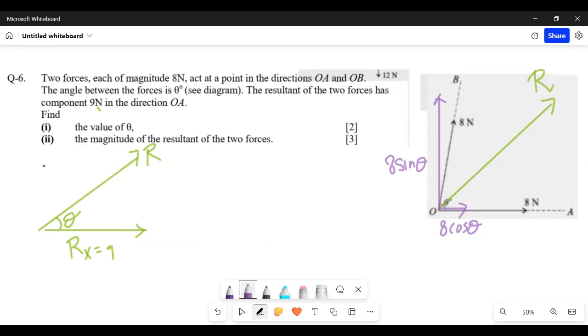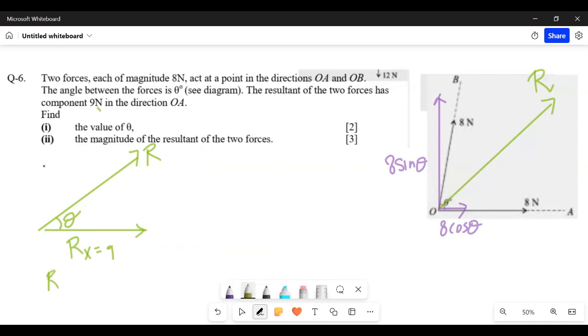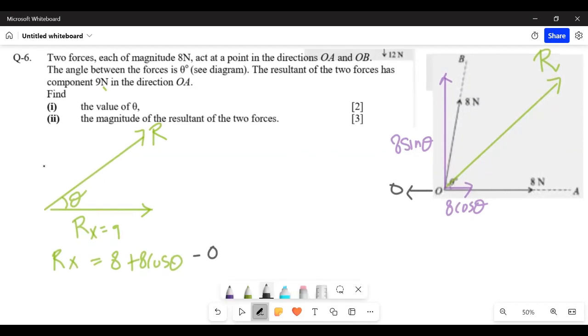Okay, so Rx equals 8 plus 8 cos theta, and there's no horizontal component in this direction, so it's 0 minus 0, and this equals 9. So 8 plus 8 cos theta equals 9.